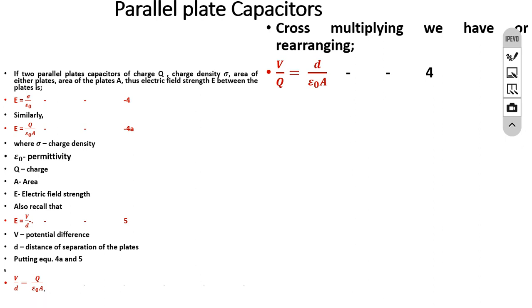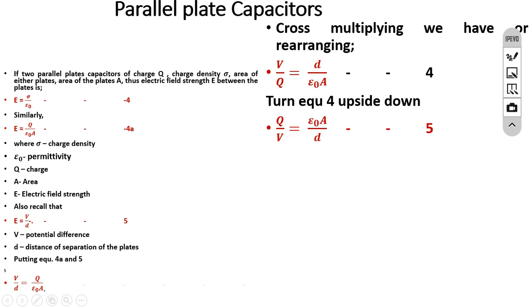So let's ignore the numbering, but look at the expression V over Q equals to D over epsilon naught A. Now, if I turn this expression upside down, I rotate it the way it is, then I will have Q over V equals to epsilon naught A all over D. I just decide to turn it or invert it. I didn't do anything. Look at it.